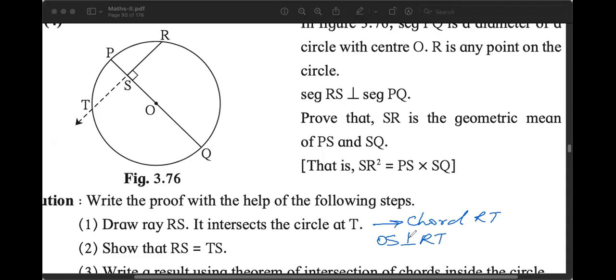So we have a chord RT and a line segment from the center which is perpendicular to the chord. Remember something that we studied last year and revised this year: when we draw a line perpendicular from the center to the chord, it will bisect the chord. What it means is TS equals RS.